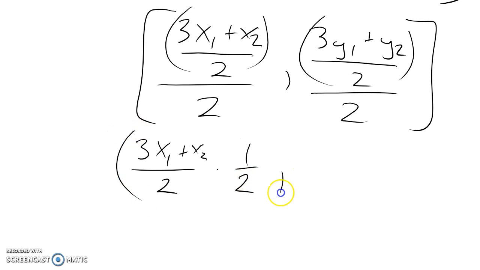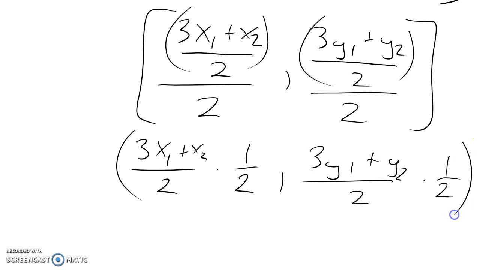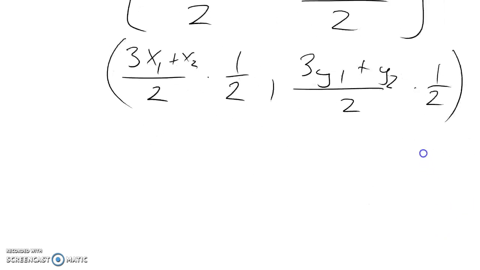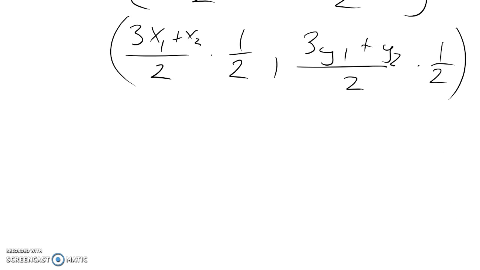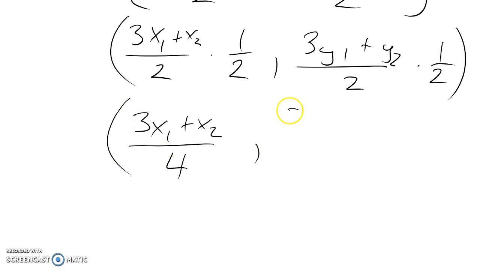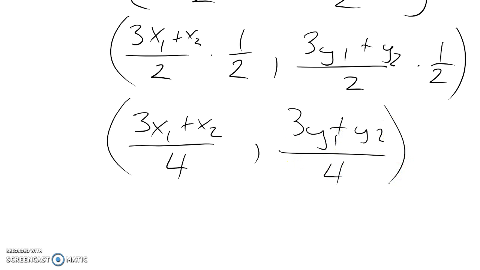This is still just the x-coordinate. Same deal on this side: (3y1 plus y2) over 2, multiplied also by 1/2. With fractions, you just multiply straight across, numerator times numerator, denominator times denominator. So we end up with (3x1 plus x2) over 4, and over here (3y1 plus y2) over 4. This is going to be our new midpoint between points A and C.